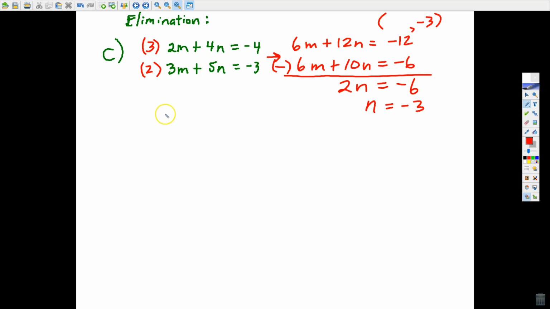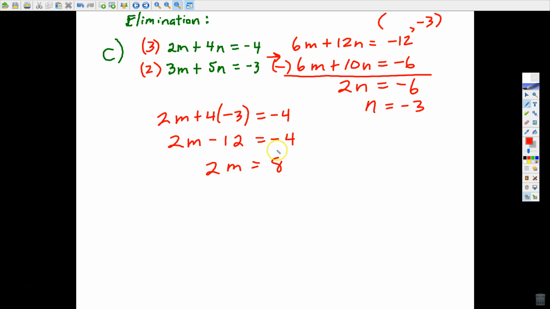And I'm just going to go to the top equation. 2m plus 4 times negative 3 is negative 4. 2m minus 12. 2m is 8. If you add 12 to both sides, m is 4. And so that means my final answer is m is 4 and n is negative 3.